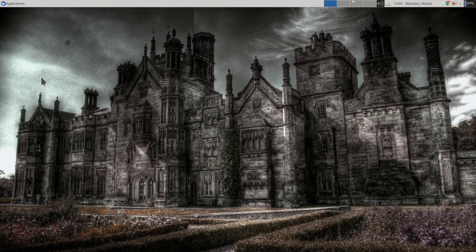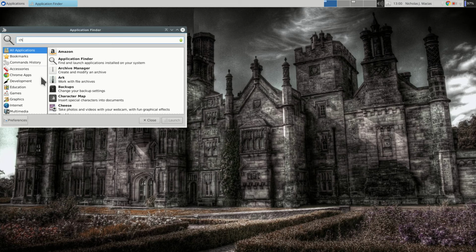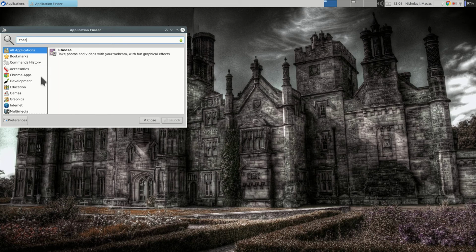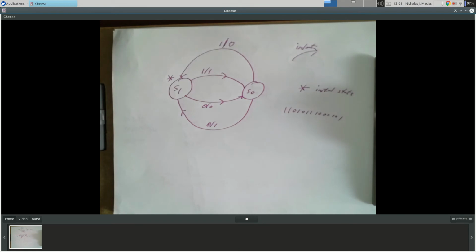See if I can type upside down. Oh, it does matter.